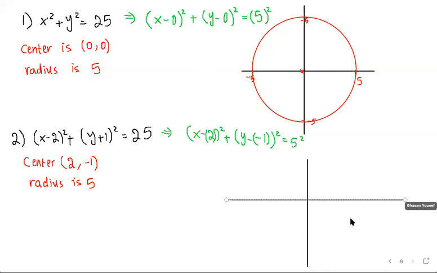This is 2 and -1. Here's 2 and -1. This is the center. The radius is 5. So I have to move here like 5 units like this. So here is the center, 2, -1. This is 2 here, -1. Here is 0, 0.